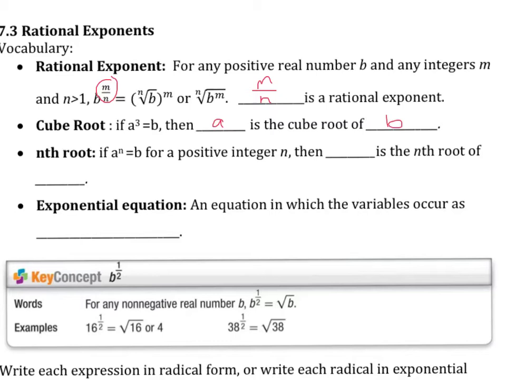So if a to the nth power equals b, then a is the nth root of b. We'll be working with a lot of exponential equations now, and an exponential equation is an equation in which the variables occur as exponents. So that's easy enough.